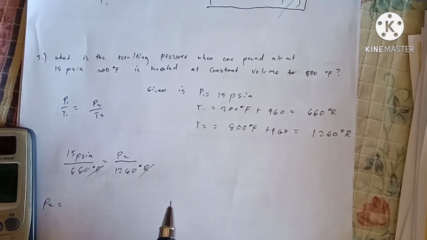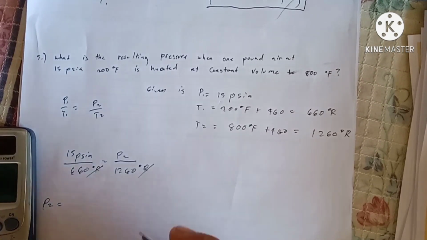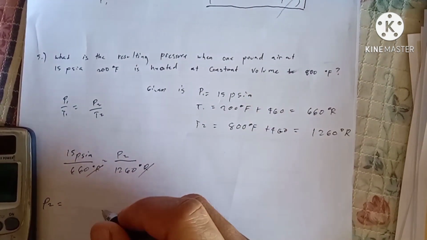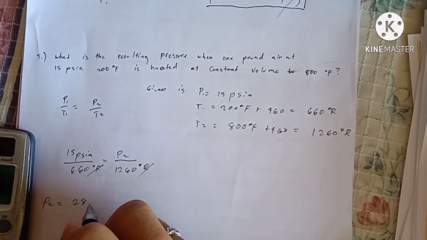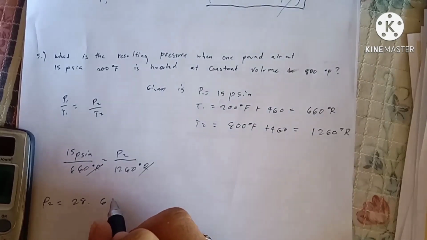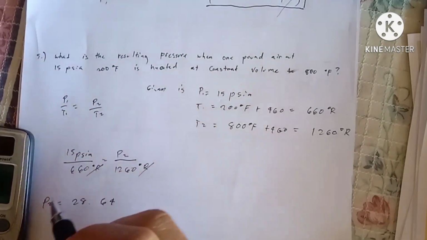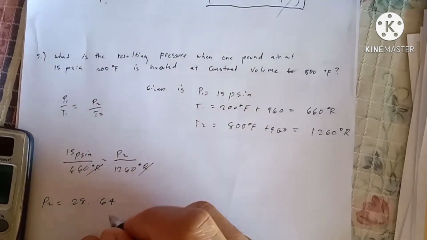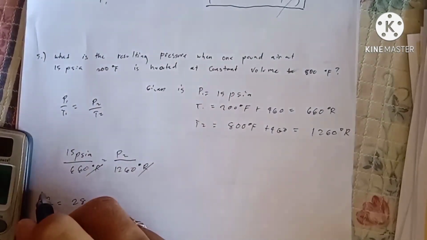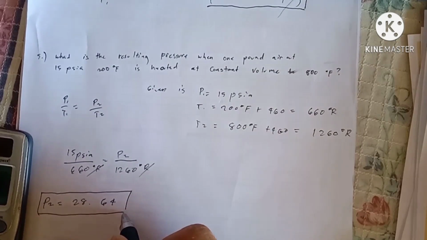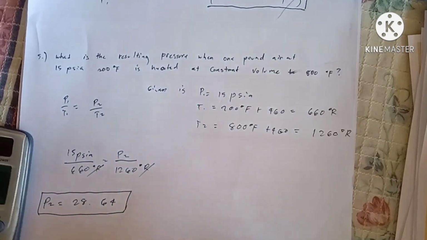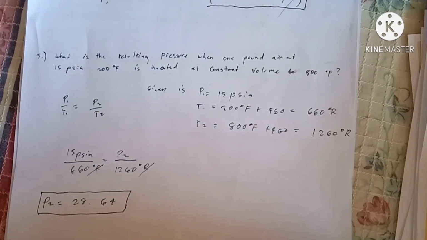So the final answer is 28.636, or 28.64. The final answer in pressure, P2 equals 28.64.